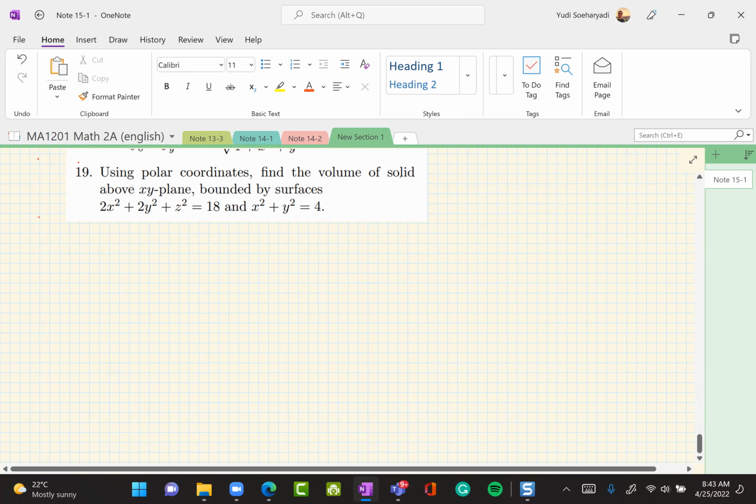Find the volume of the solid above the xy plane, bounded by these two surfaces. So this is an ellipsoid, and this is a cylinder.